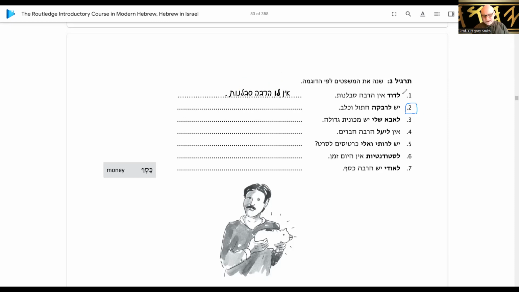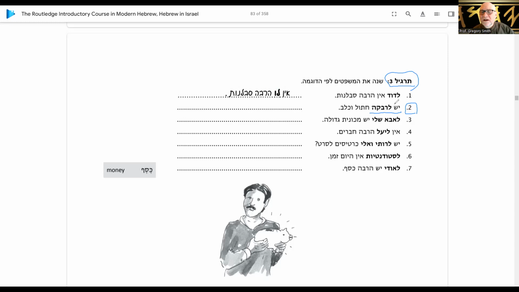Okay, so we have Targil Shtayim, exercise 2. Well, actually Targil Shlosh is exercise 3, but here's number 2. Let's see, Rivka.